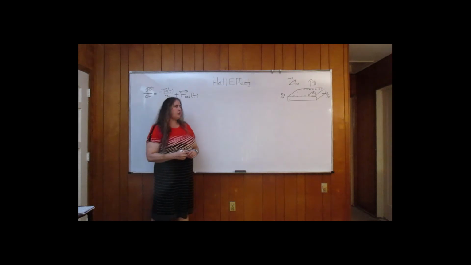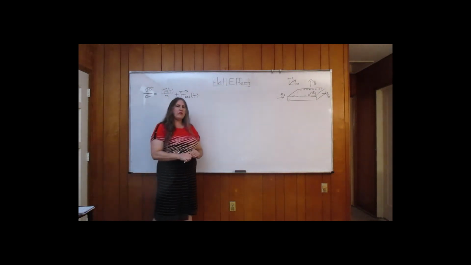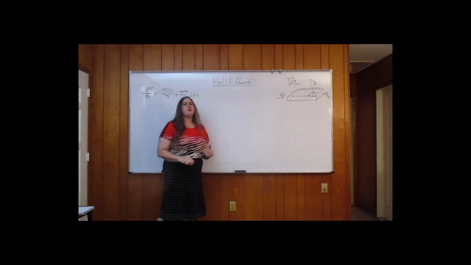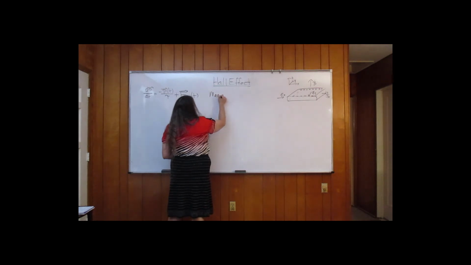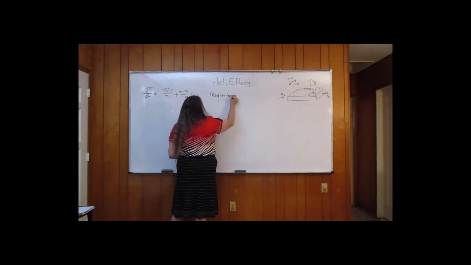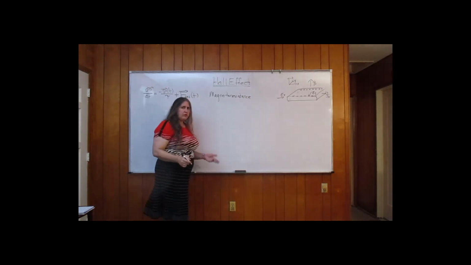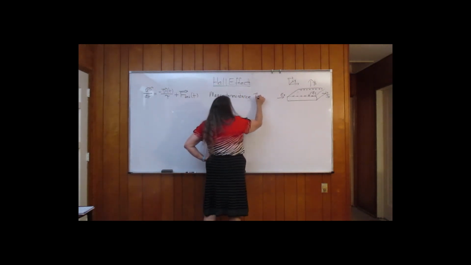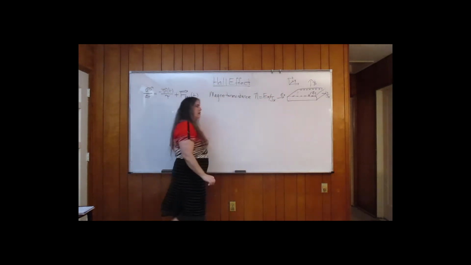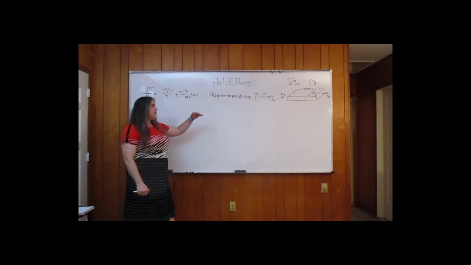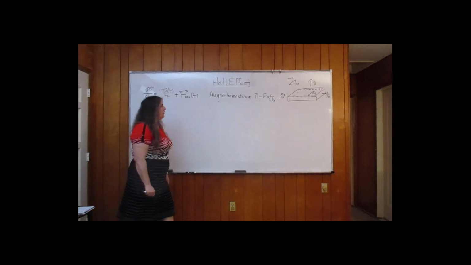In order to fully describe the Hall effect, not only derive expressions for the x and y components of the current density in terms of the electric field, there are also two additional quantities of interest. One is the magnetoresistance, and that is defined as the ratio of the applied electric field, which is just going to be in the x direction, and the x component of the current density.